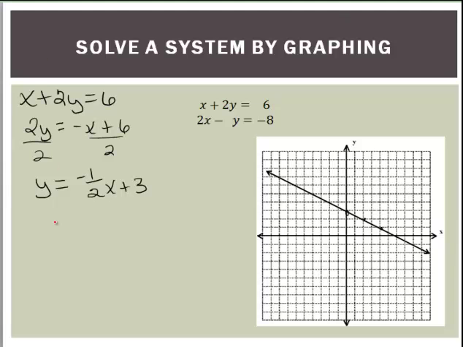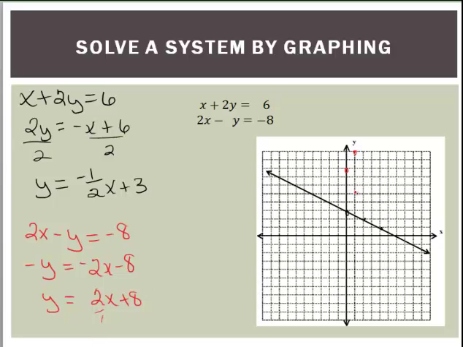Alright, so for the second one, we have 2x minus y equals negative 8. We're going to subtract 2x from both sides, and then divide everything by negative 1. So we're going to go up 8, so that's 3, 4, 5, 6, 7, 8, up 8, and then we're going to go up 2 over 1.